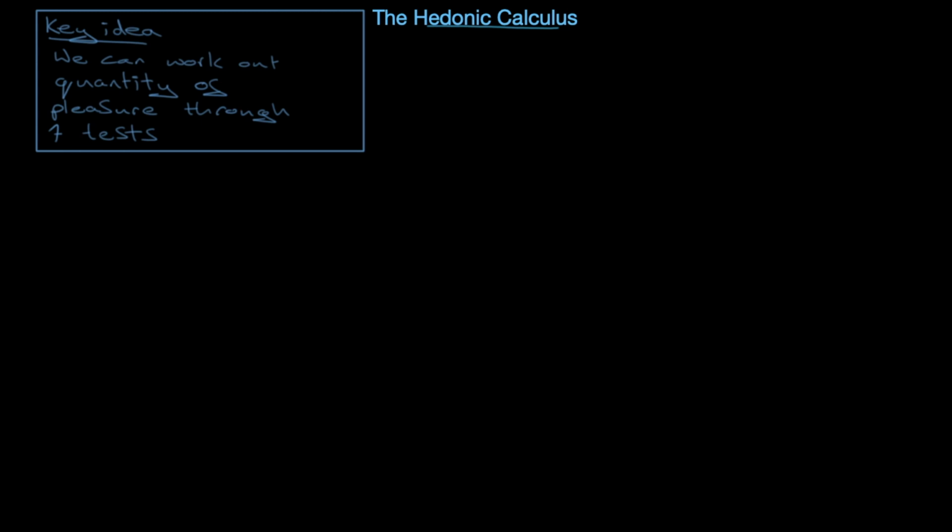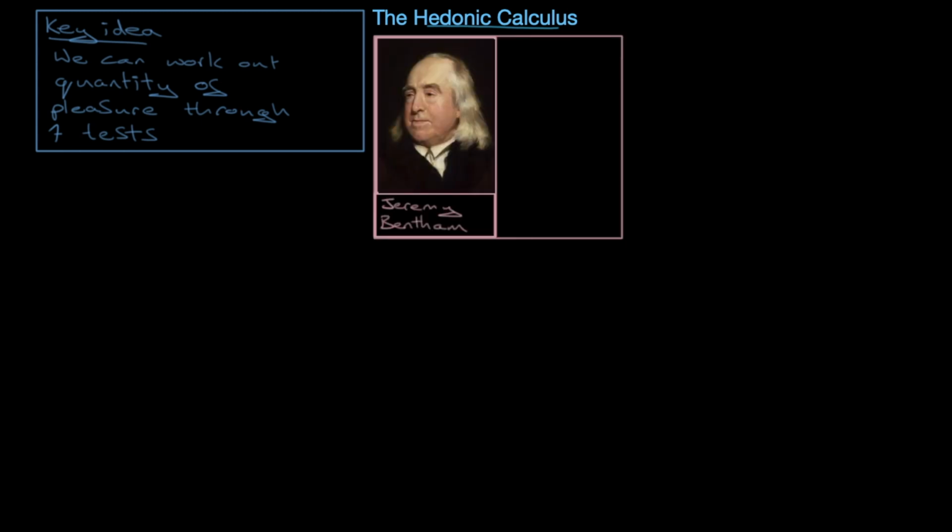Now, I think one of the important things to understand with Jeremy Bentham as a character is that he was a social reformer. But he was interested especially in governmental ethics. Kind of the best way to run government for the happiness of most people.